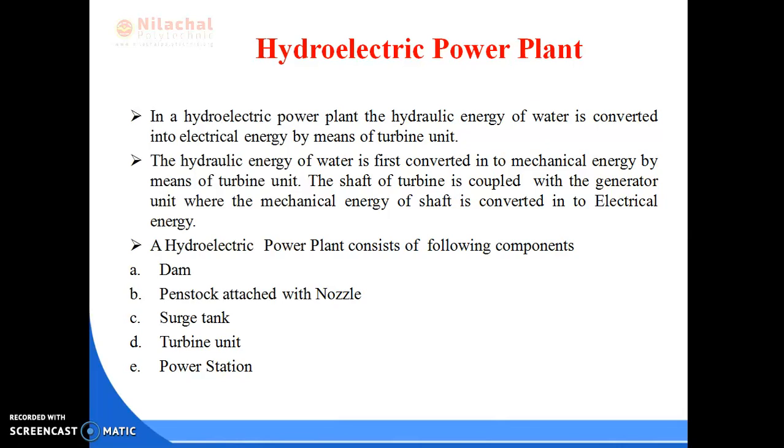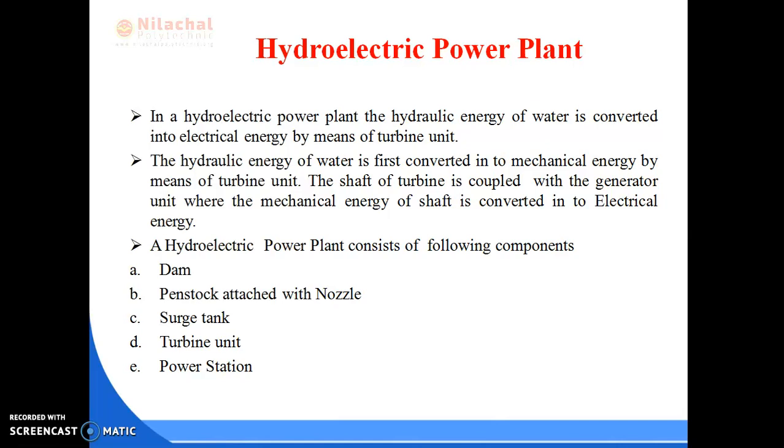So hydraulic energy is converted into electrical energy. A power plant is the place where we produce electrical energy from hydraulic energy.